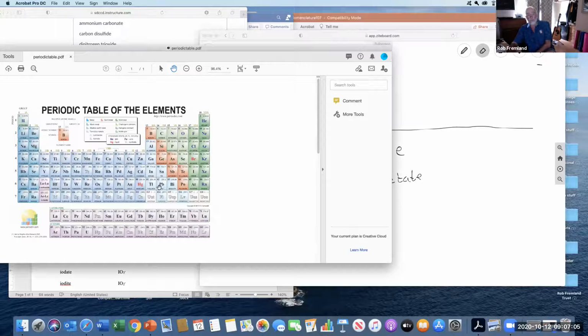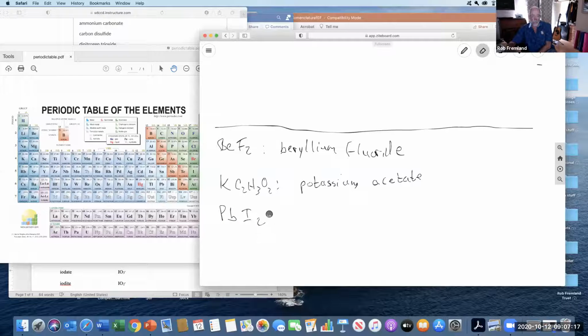So lead can form more than one ion. It is not a representative metal. Representative metals are 1, 2, 13, and then zinc, cadmium, and silver. So that means the name for this is going to be, you have to say the charge. It's going to be lead something iodide.